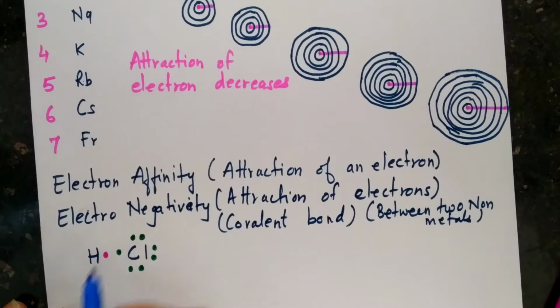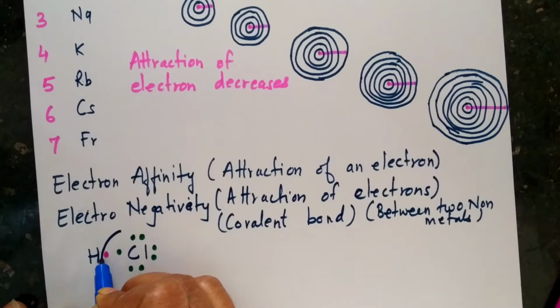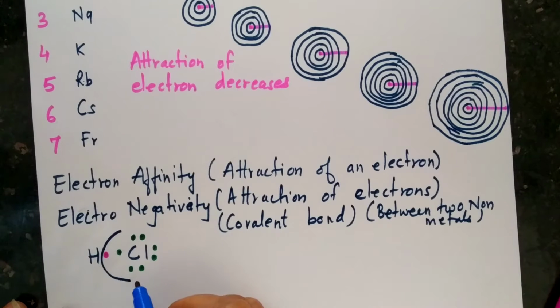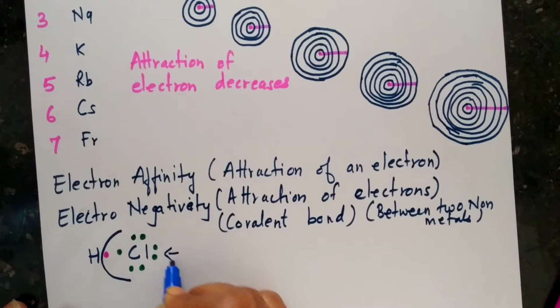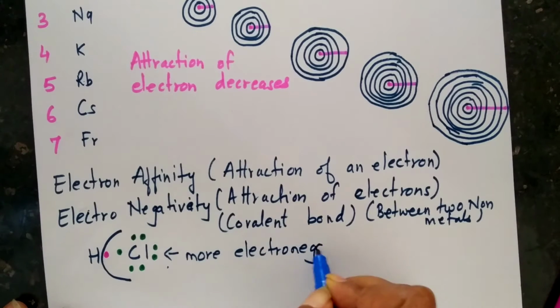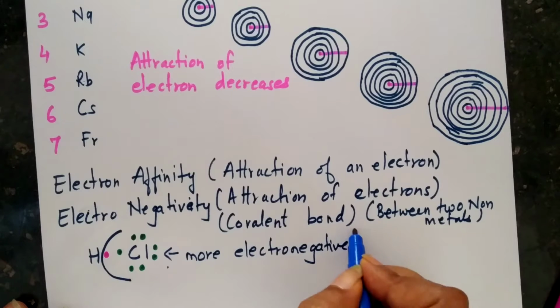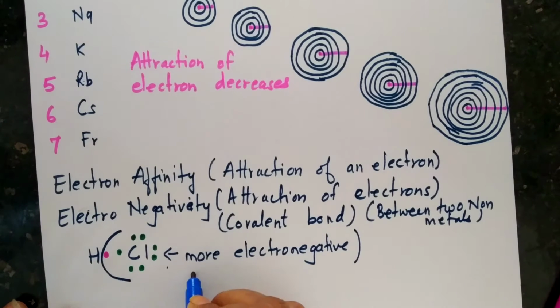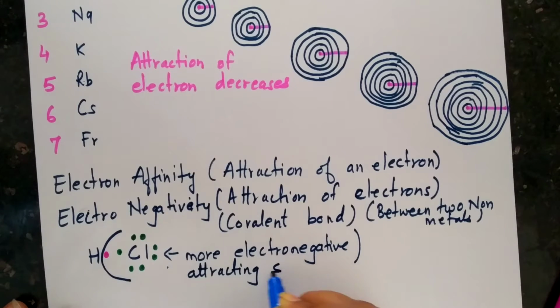Now the shared pair of electrons is attracted towards chlorine because chlorine is more electronegative. Because it is more electronegative, it attracts the shared pair of electrons.